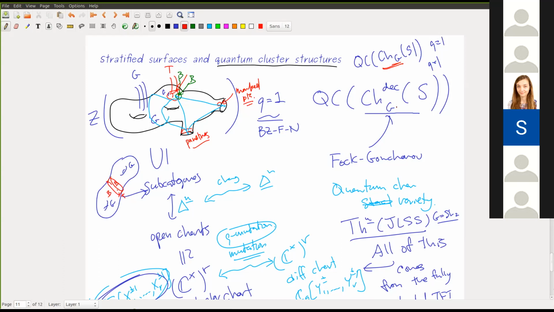No, that's a good question. The category doesn't have a triangulation. When you define the category, you don't fix a triangulation. It exists canonically, and that's the thing that is true here, which was not true in Fock-Goncharov's work. There's just a category that's well defined and is interesting to study.